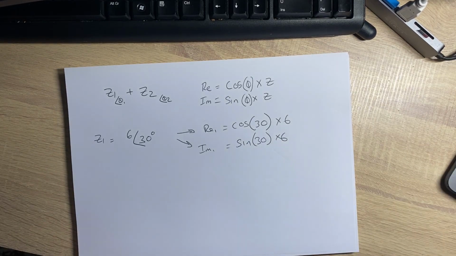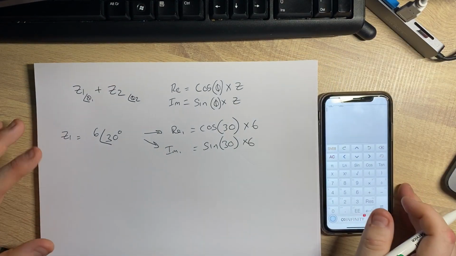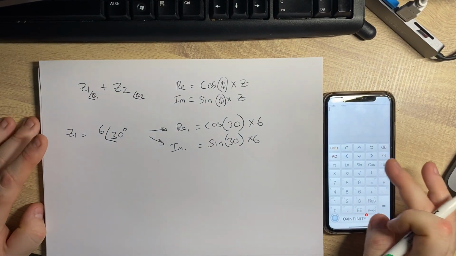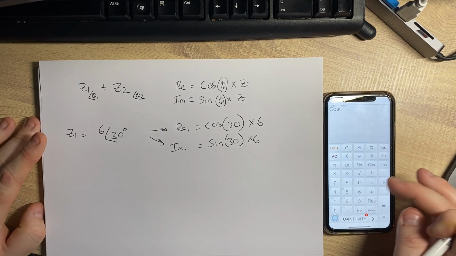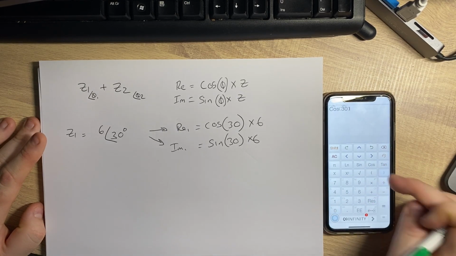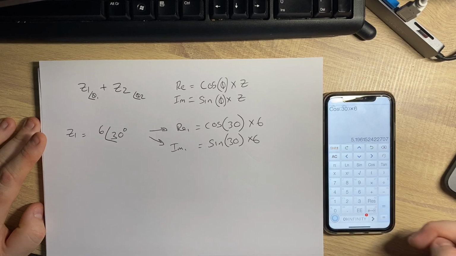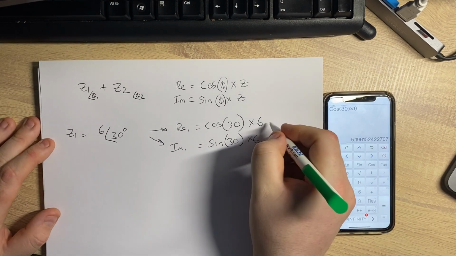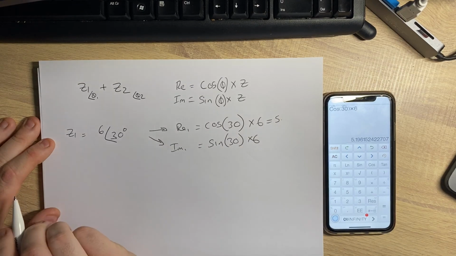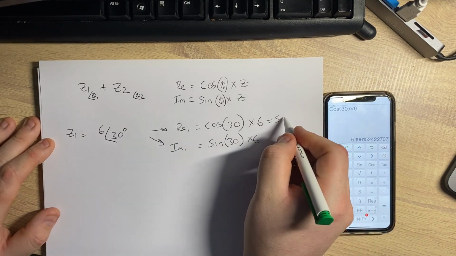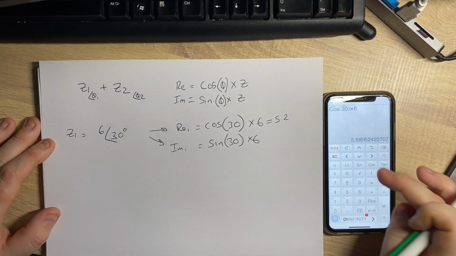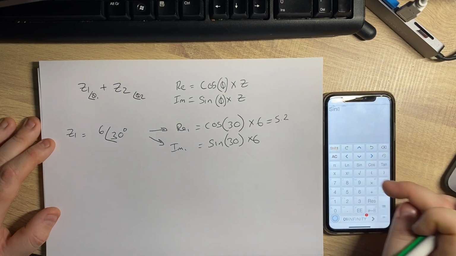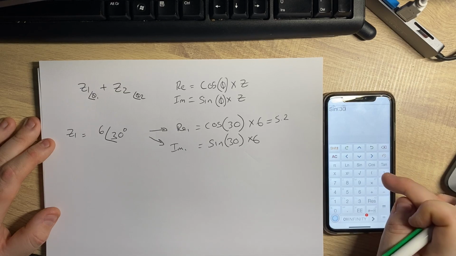So we'll do that on a calculator. Let's make sure that you're still in shot. So it's going to be cosine 30 times by 6, and that gives us 5.19. Should we call that 5.2? And our imaginary is going to be sine of 30 times by 6.